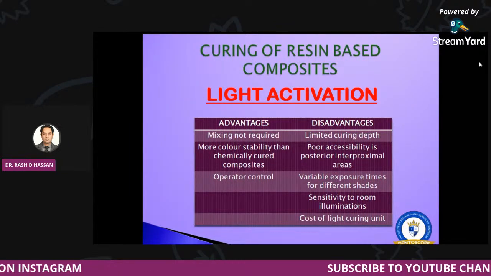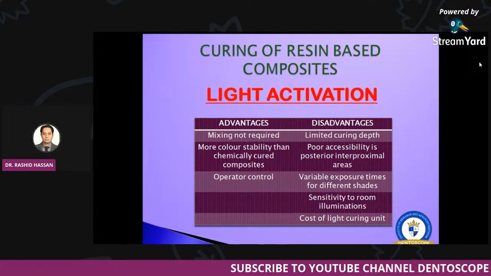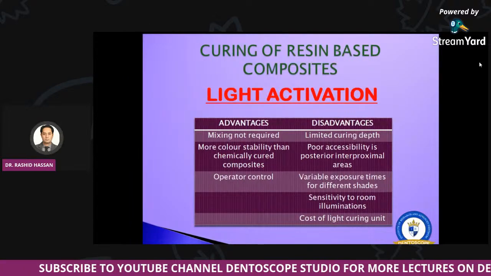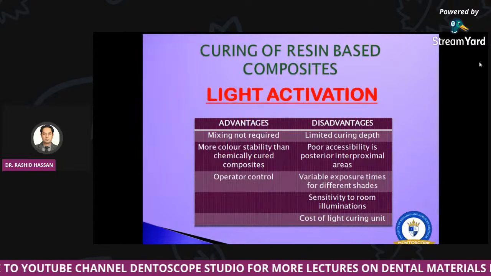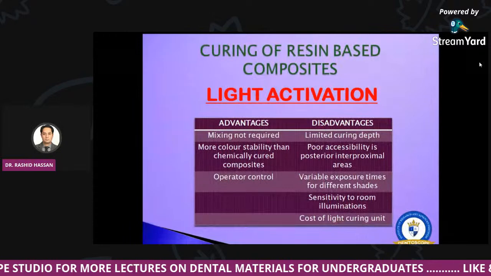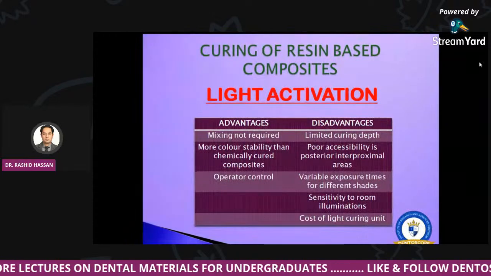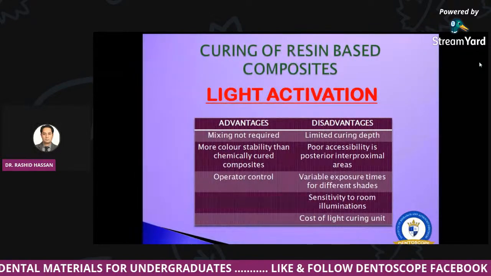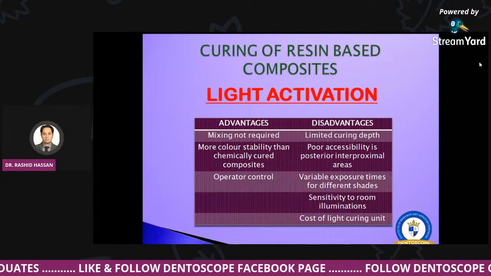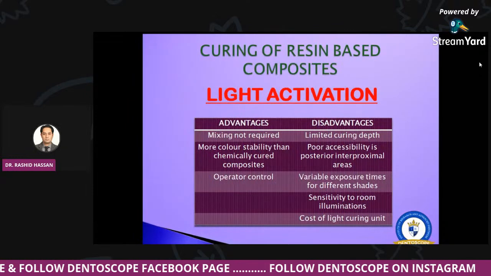Then, variable exposure time for different shades. Well, that is dependent upon the manufacturers. The manufacturers give all the guidelines about different curing times for different shades, so you need to read through the manufacturer's instructions. Okay, sensitivity to room illumination. Well, not too much.